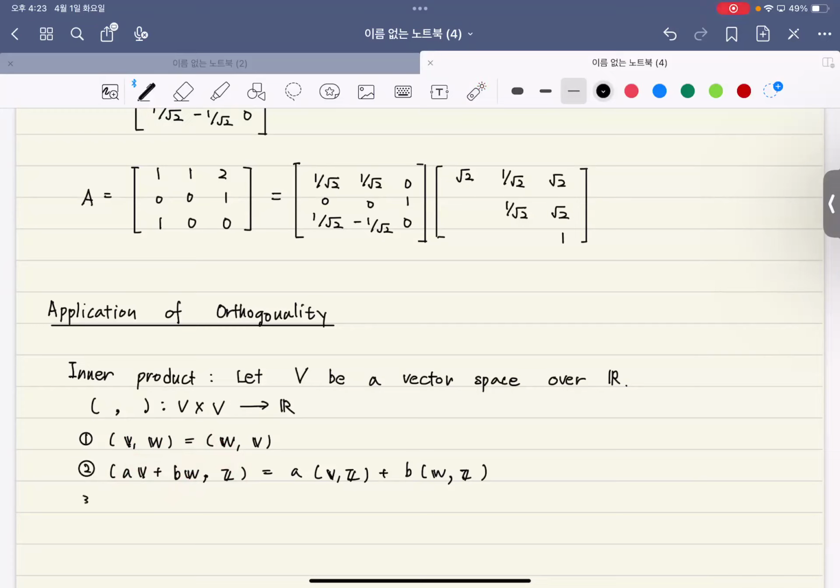And lastly, the inner product of two same vectors must always be greater than or equal to 0, and the inner product of a vector with itself equals 0 if and only if V is the 0 vector.